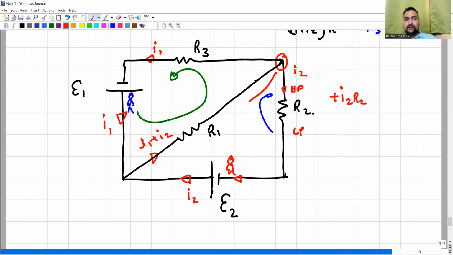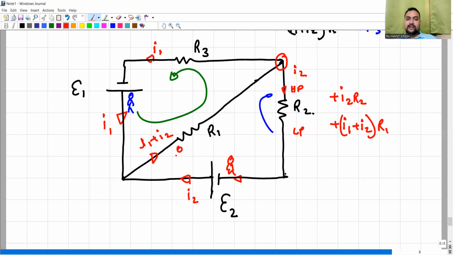Then you move from here to here, and then this resistance R1 will come. Again there will be a potential rise, because you are moving in the opposite direction to the current. And the potential rise will be how much? Plus I1, I2 into R1.